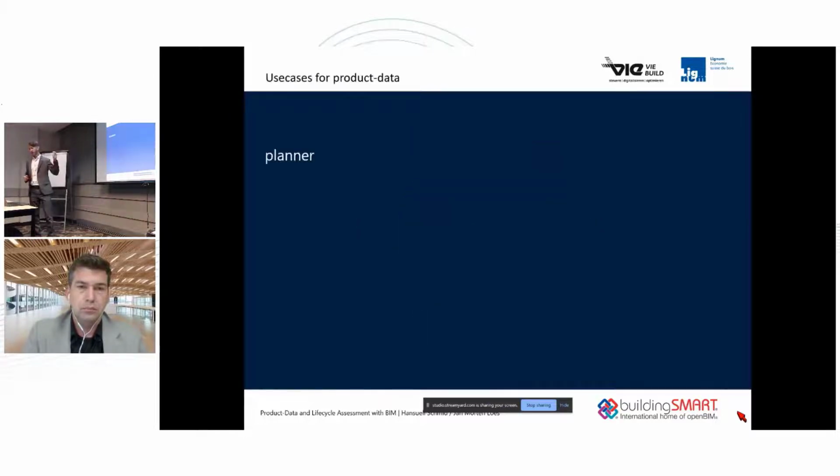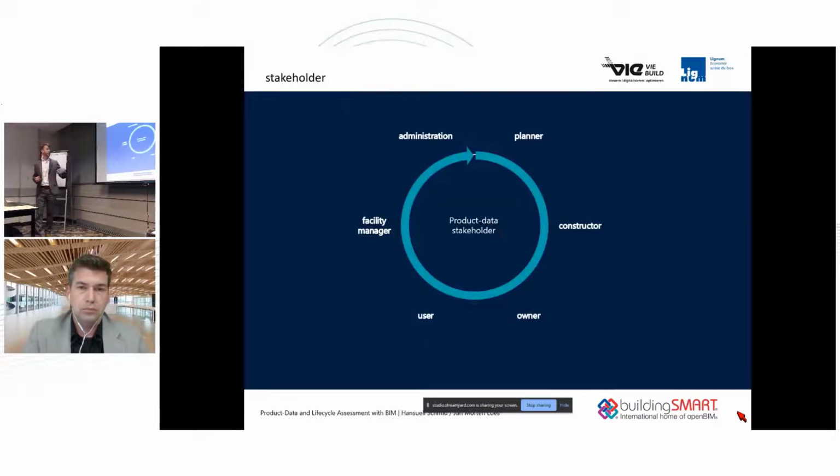So there are a lot of stakeholders in this whole process that are interested in product data. I put it in a circle, not in a typical linear format, because they can appear at any time. Planner can appear again after some years when the building is reconstructed or renovated or retrofitted. So I put some of those stakeholders.